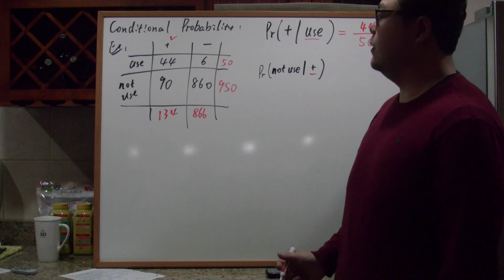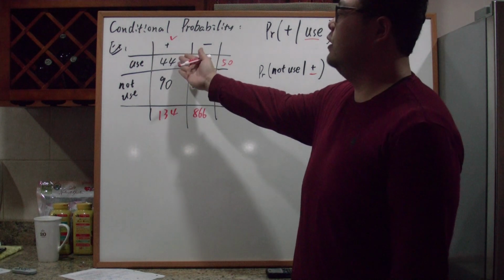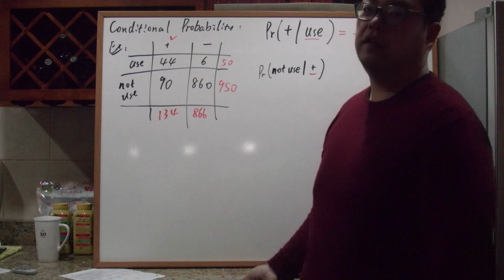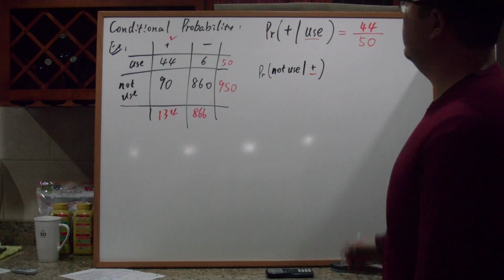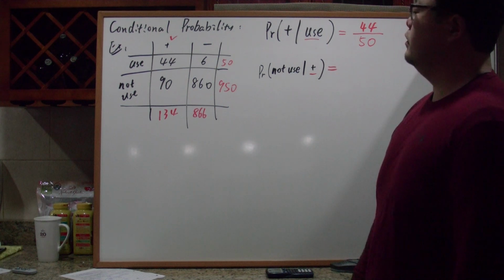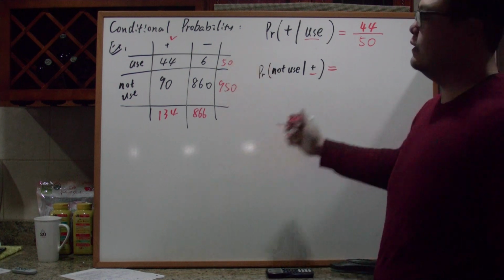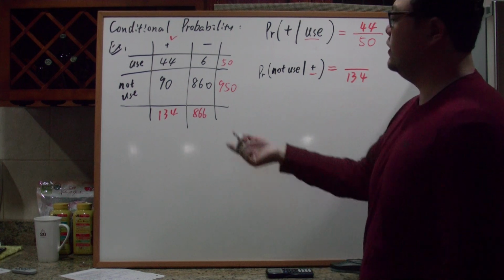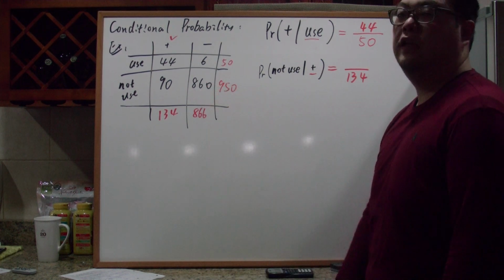The column of positive test results has two categories, right? Uses drug and non-use drug. That's 134 in total. A positive test result, that's 134 in total. And from them, the number of people we select who do not use drugs is 90.